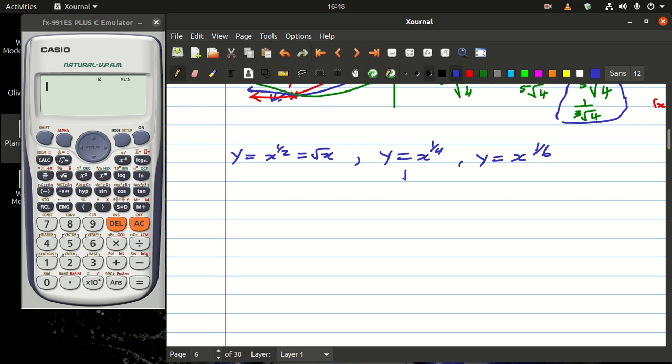Of course, this one looks as if y is equal to the fourth root of x, and this one y is equal to the sixth root of x. So this is how we're going to do this. Of course, even here we're going to follow the same principle.